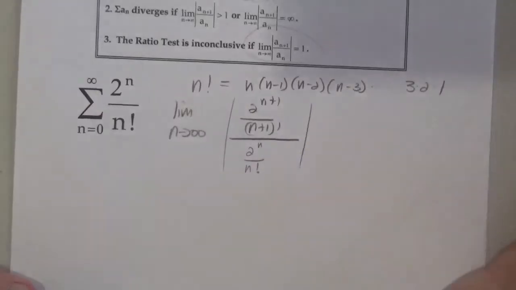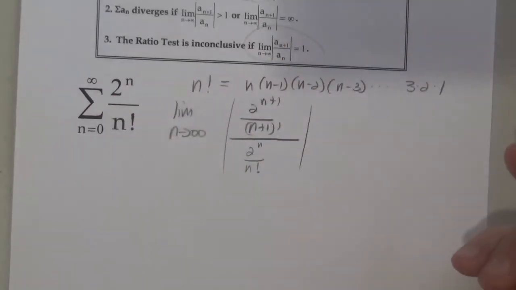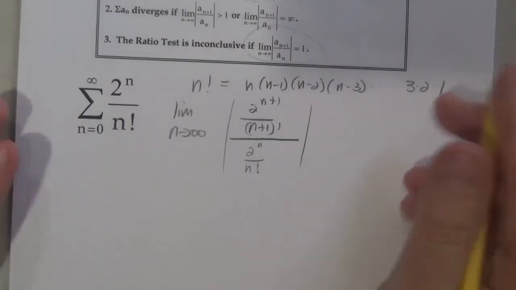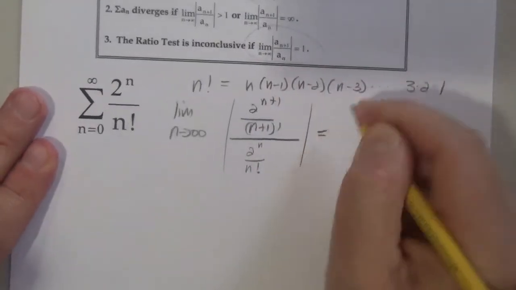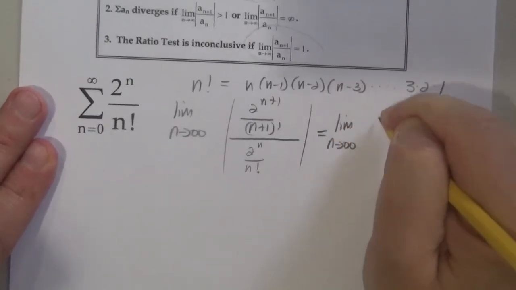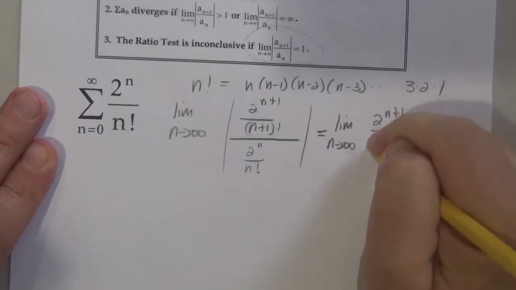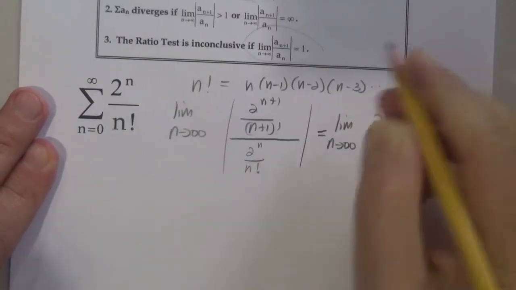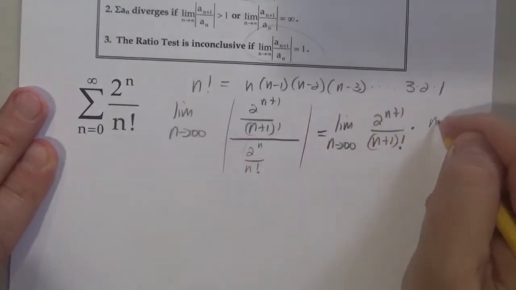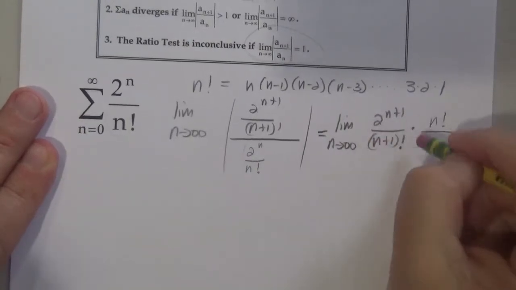Absolute value bars aren't really that necessary because these terms are always positive, so I'm going to drop them on the next step. I'm going to rewrite this as the limit as n approaches infinity of 2 to the n plus 1 over (n plus 1) factorial times, I'm going to flip and multiply, n factorial over 2 to the n.